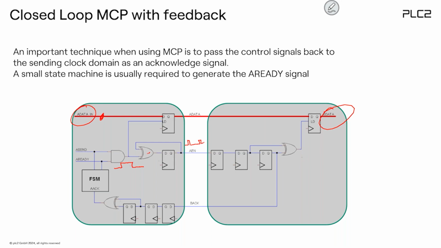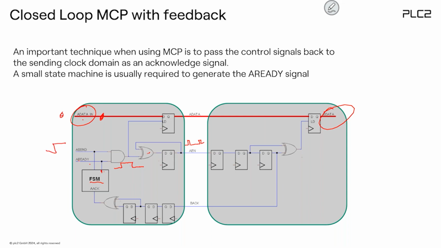So this multi-cycle with feedback requires a very simple state machine. This state machine says, okay, I would like to send, am I ready or not? In this case, let's assume we are ready. So now we would like to send the data. We place the data here and say we would like to send.